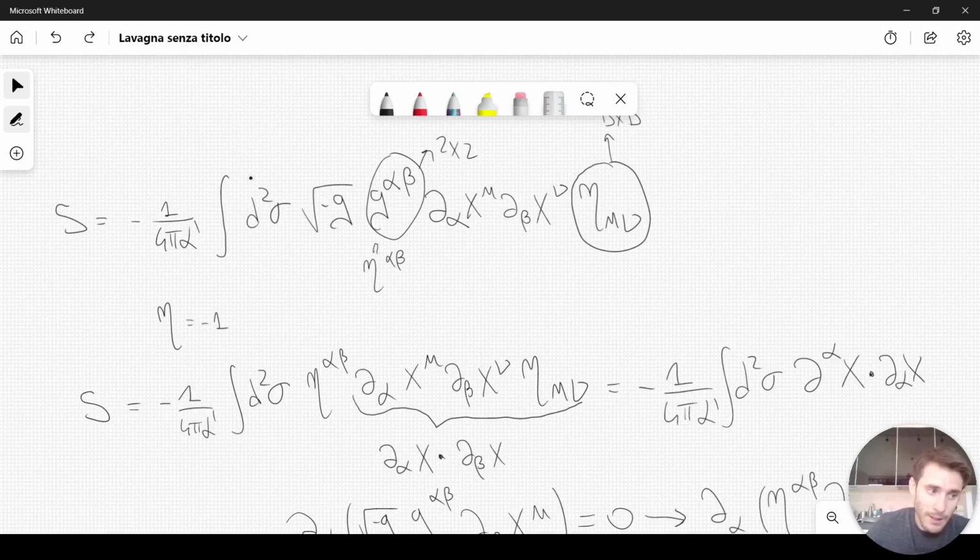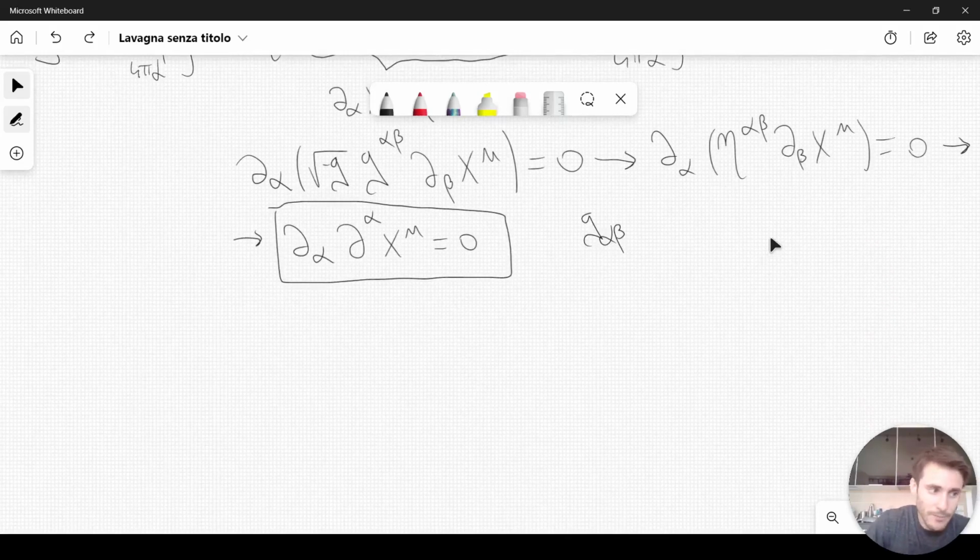So the variation of the action can be written like this. We take the variation by assuming that it is the field g alpha beta which is varying, and of course also the inverse g alpha beta. They will change according to some variation because the field changes. We are varying the field. We are taking small perturbations of the field and seeing what is the result on the action.